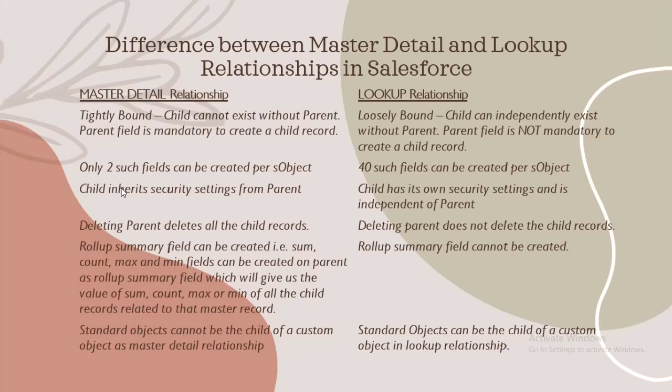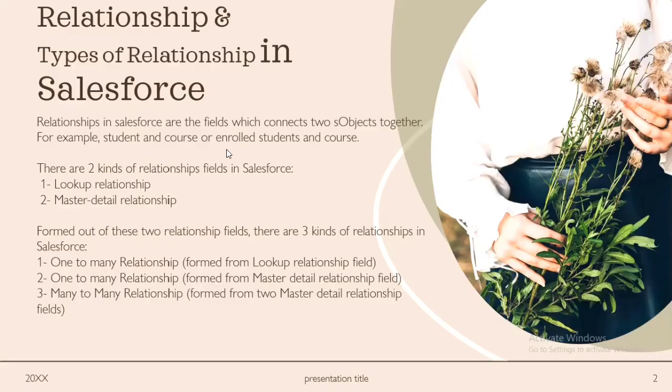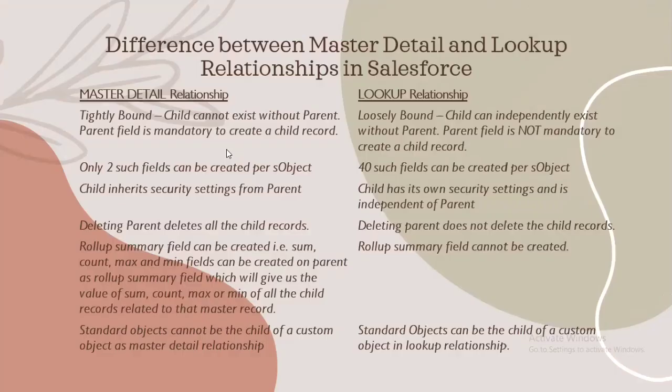Similarly, in lookup relationship, child is created, but you can skip the parent value field. So in lookup relationship, I can create a student record even by not entering the course name. But if it is a master detail relationship, I will have to enter the course name whenever I am creating a student record. So master detail is tightly bound and lookup relationship is loosely bound.